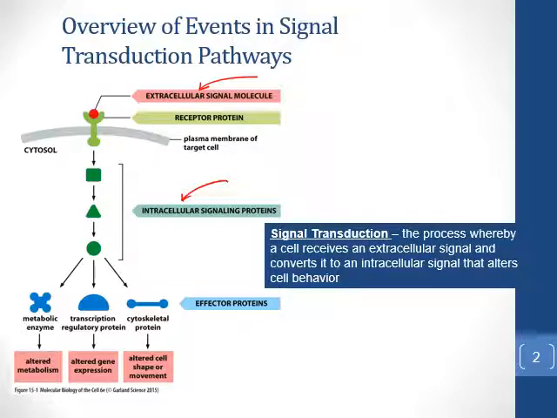This is called the first messenger, and these intracellular signals are called second messengers. We'll define these in more detail or in more technical terms in a subsequent slide. These intracellular signals then are going to have an effect on some intracellular proteins, and those proteins could do a lot of things.